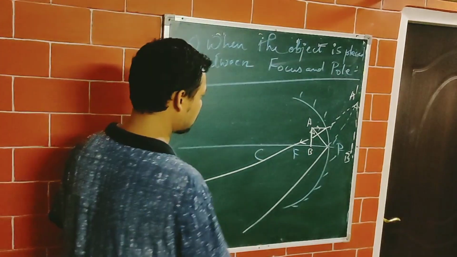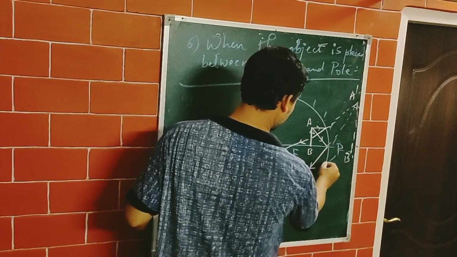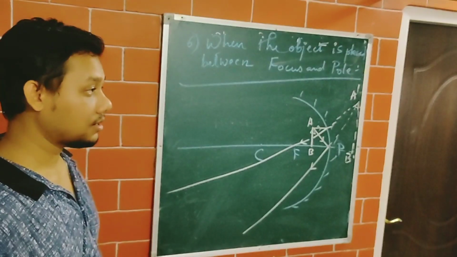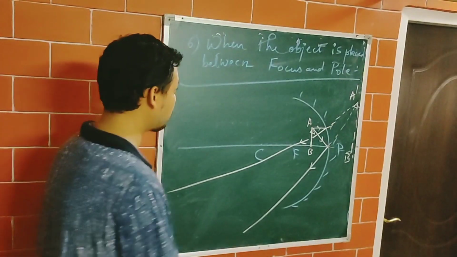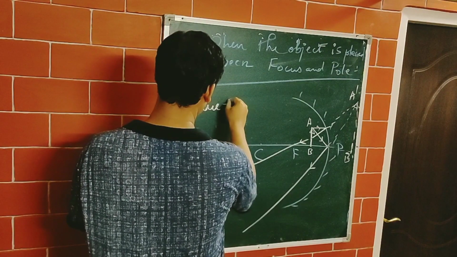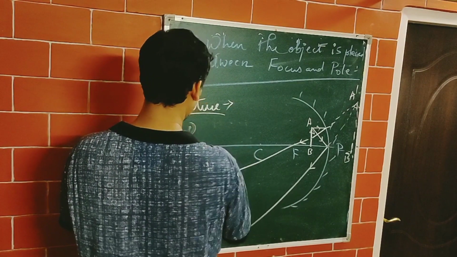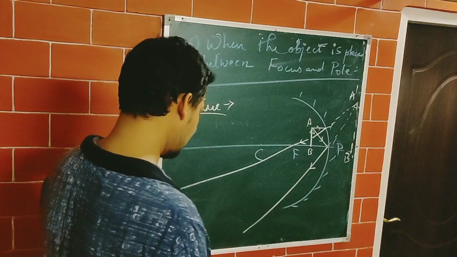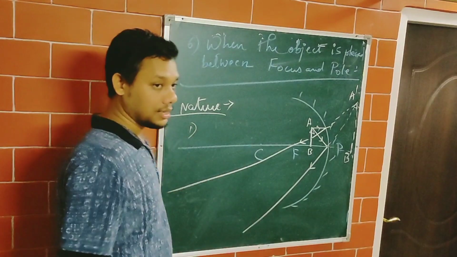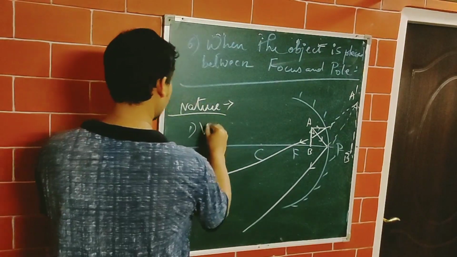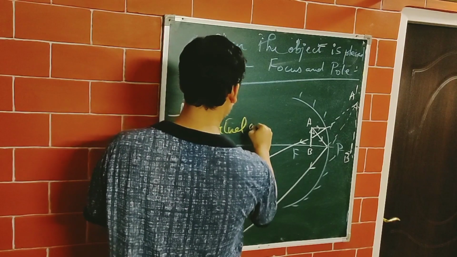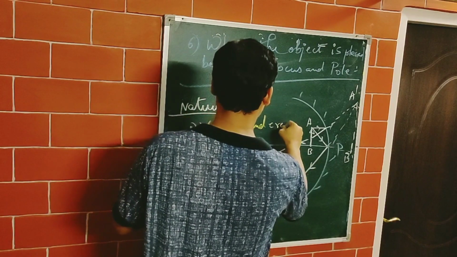Okay, this is done. The arrows here are very important. So how is the nature? This time the nature will differ from the previous cases. The nature of the image: they are not actually intersecting, so it is virtual and erect.